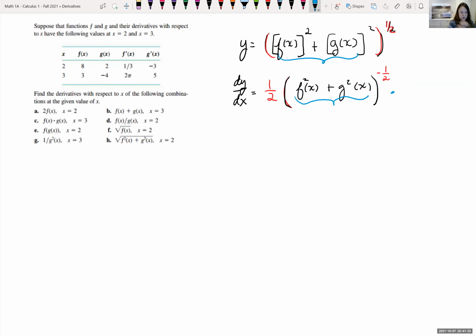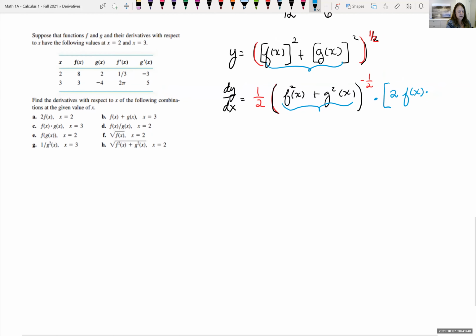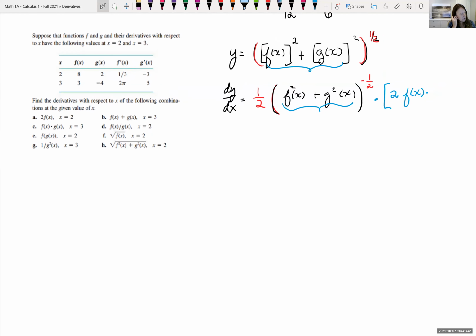So when I take the derivative of f of x quantity squared, I'm going to have to use the chain rule, bring my power down front, 2 of f of x, times, because subtracting 1 from my exponent of 2 is 1, times the derivative of the inside, so f prime of x.